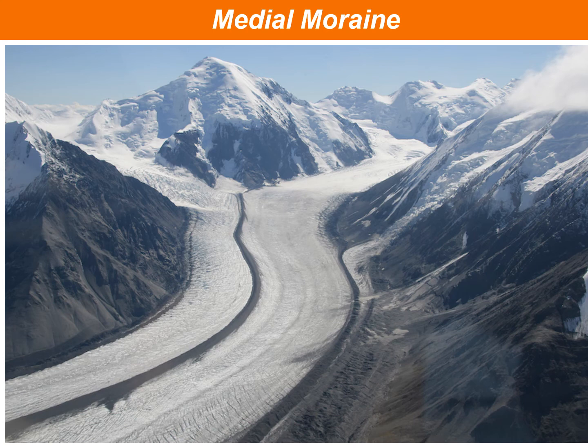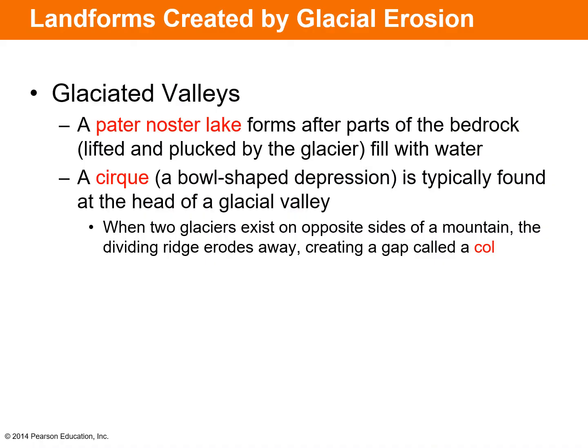As I mentioned before, this is evidence of sediment getting ground up by both glaciers, coming to a head and getting deposited in between the two glaciers, even though they're now connected into one larger glacier that's continuing to move downslope.